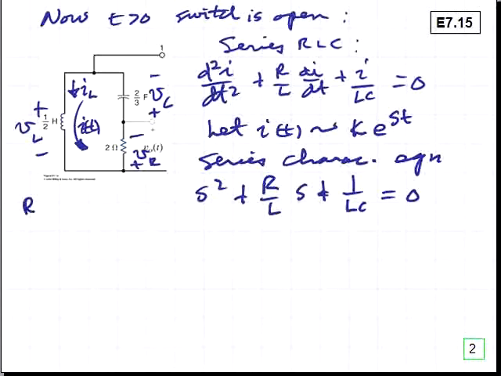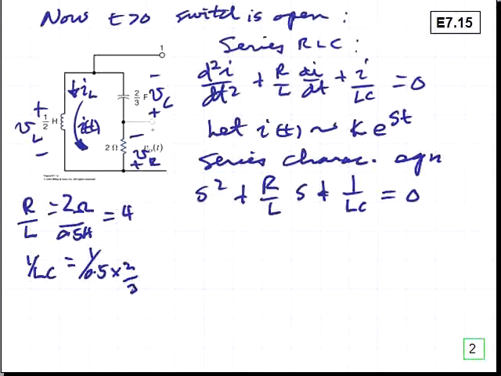In terms of the circuit values, we have R over L is equal to 2 ohms divided by 0.5 henry, which is equal to 4. 1 over LC is equal to 1 over 0.5 times 2/3 farad. This is equal to 3. Therefore, our characteristic equation becomes s squared plus 4s plus 3.